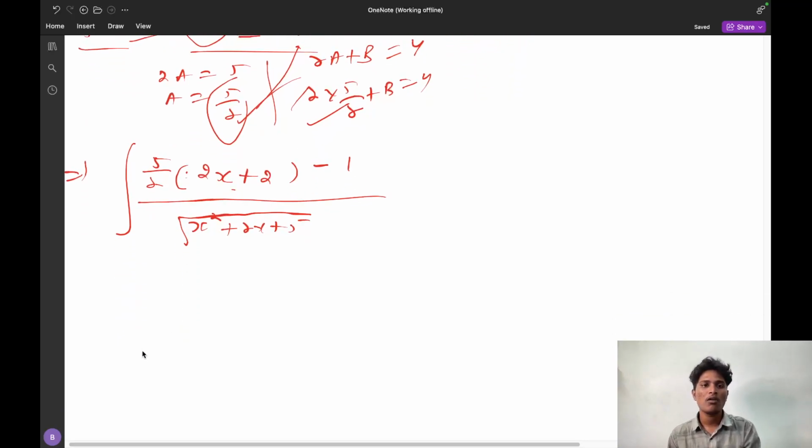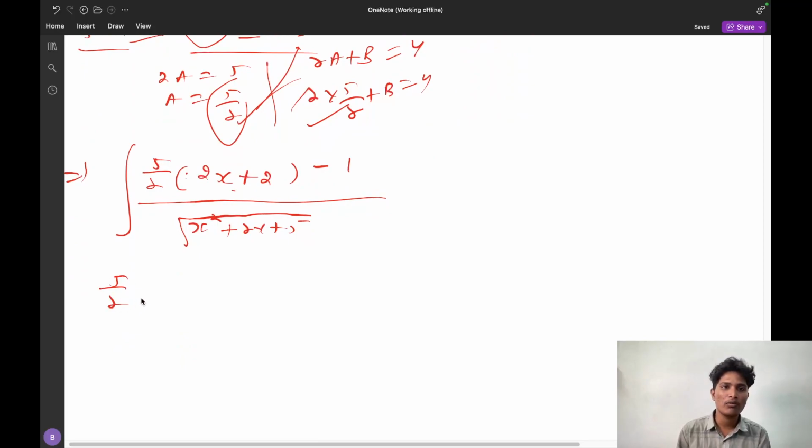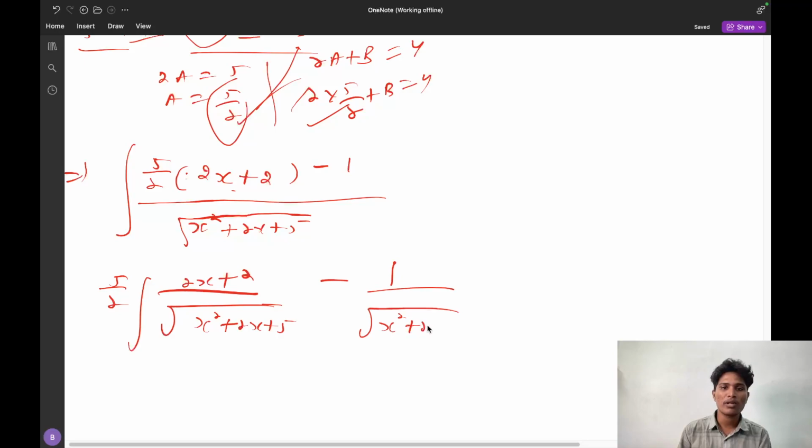Now it is correct. Now I can split the integral: 5 by 2 integral of 2x plus 2 divided by root of x square plus 2x plus 5, and another integral, 1 by root of x square plus 2x plus 5.